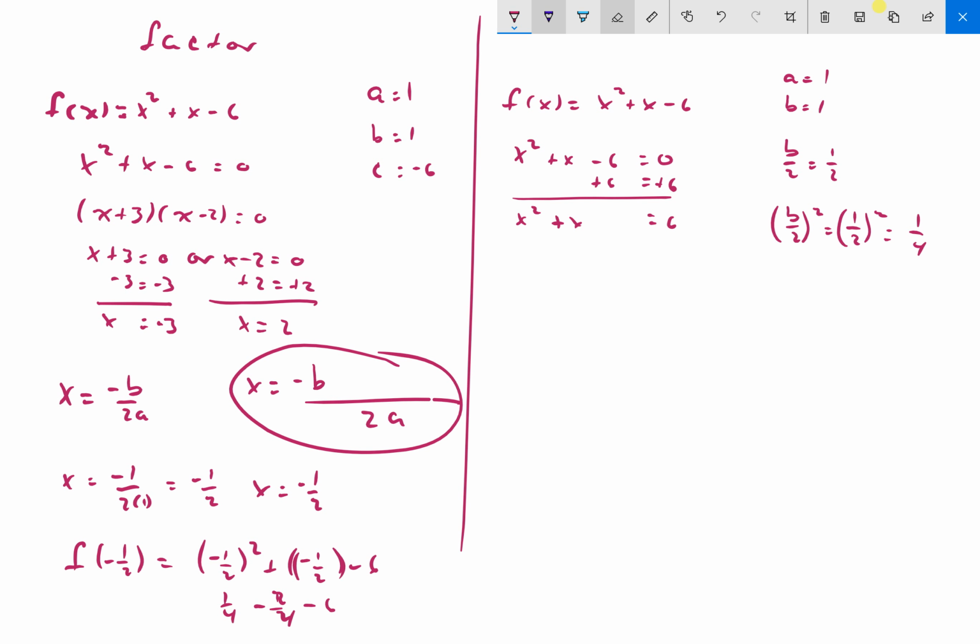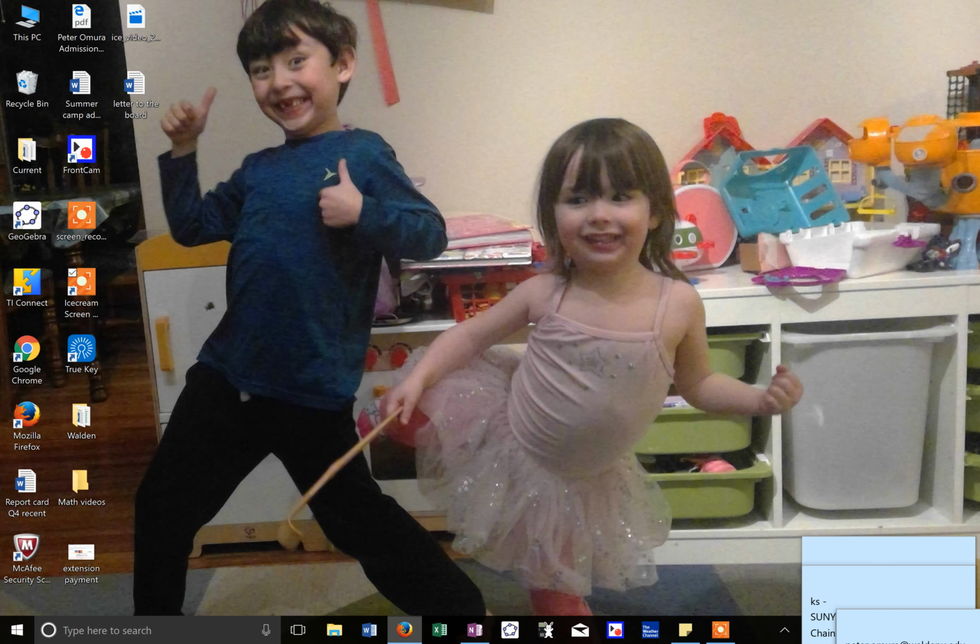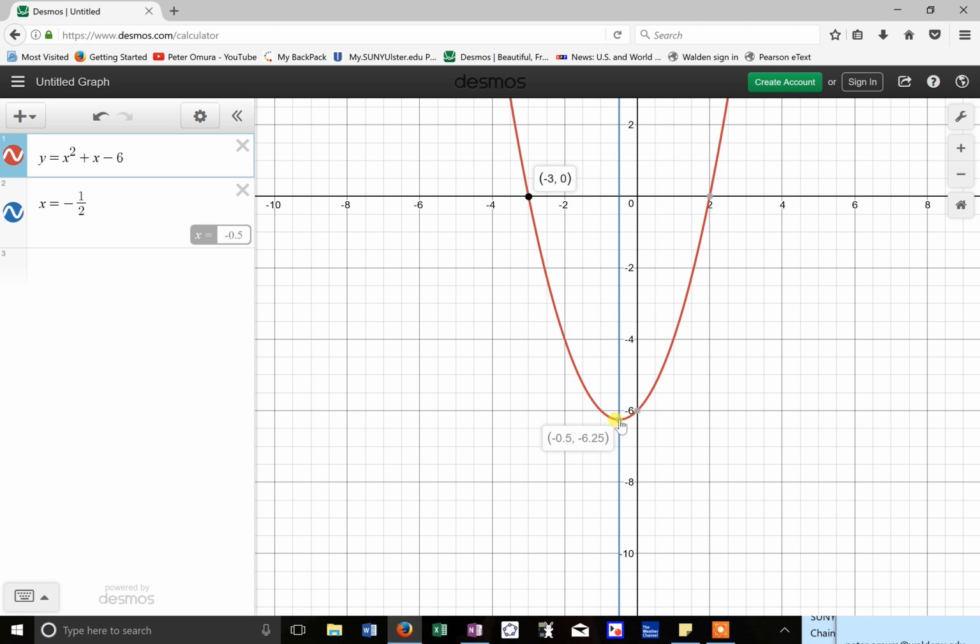I ran out of room, so I'm going to erase a little bit of this. You're going to end up with -6 1/4. And once again, if I go back to my Desmos screen and take a look, there it is, -6 1/4.